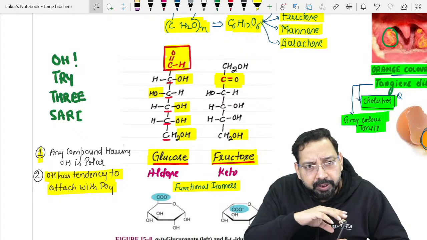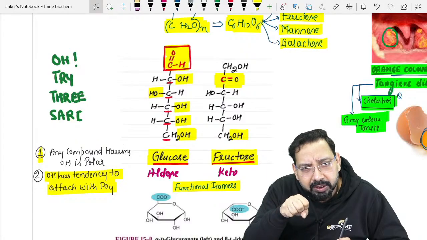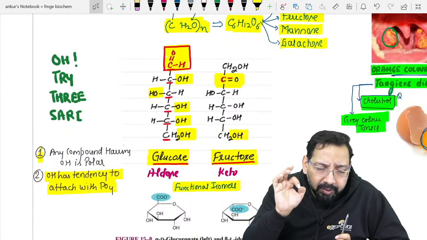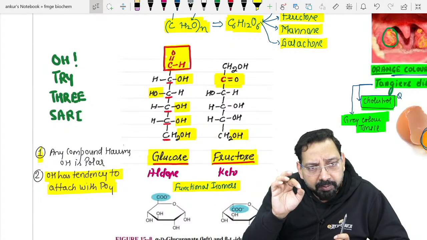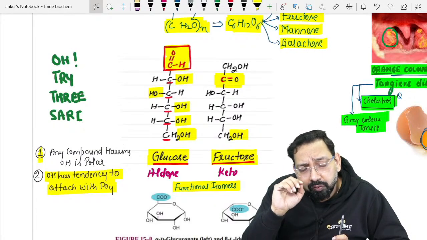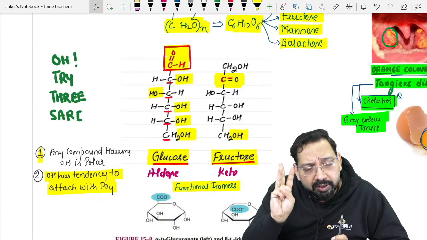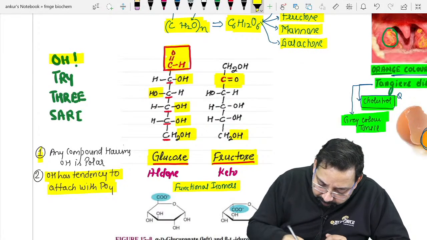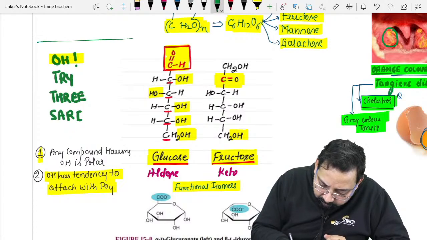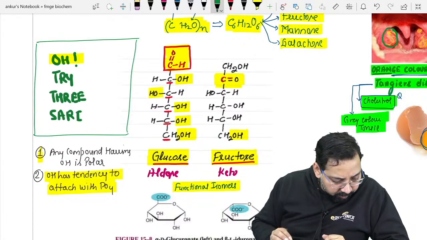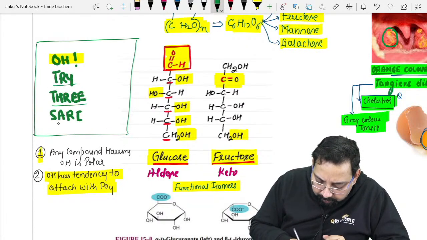In proteins there are 20 amino acids which take part in protein synthesis. Recently we say 21 amino acids, but 20 are common. Out of those 20 amino acids, 3 amino acids have OH, and the mnemonic for that is OH, try 3 sari.